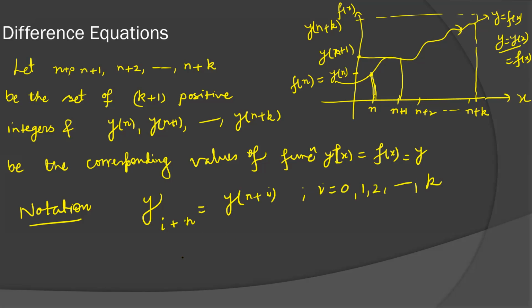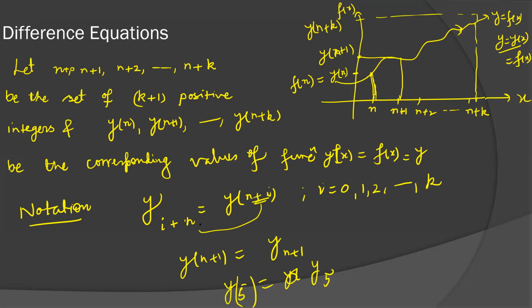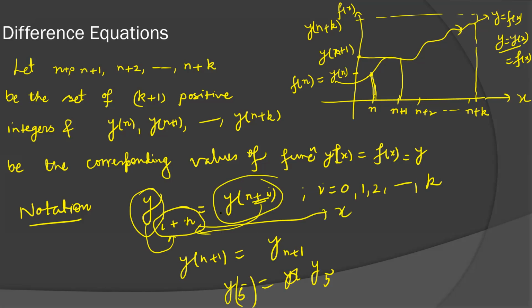Then we can write y sub 1 equal to y of n plus 1, y sub 5 equal to y of 5, meaning I am going to write this value in the suffix of y. This represents the value of y at x equal to n plus i. This is the value of x, and this is the value of y at x equal to n plus i. This notation I am going to use here.